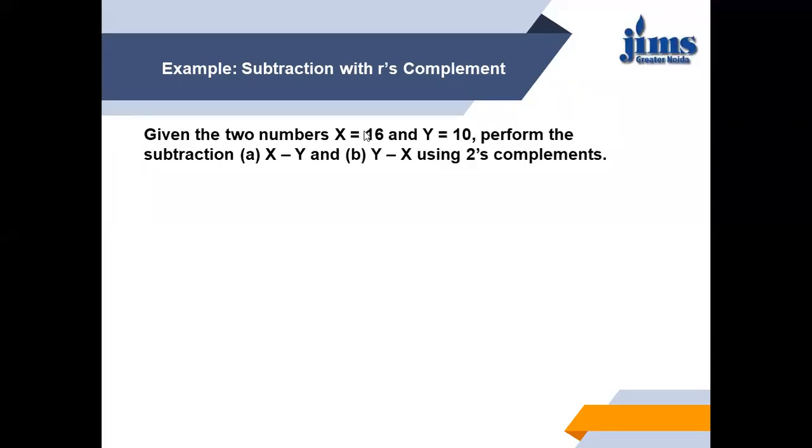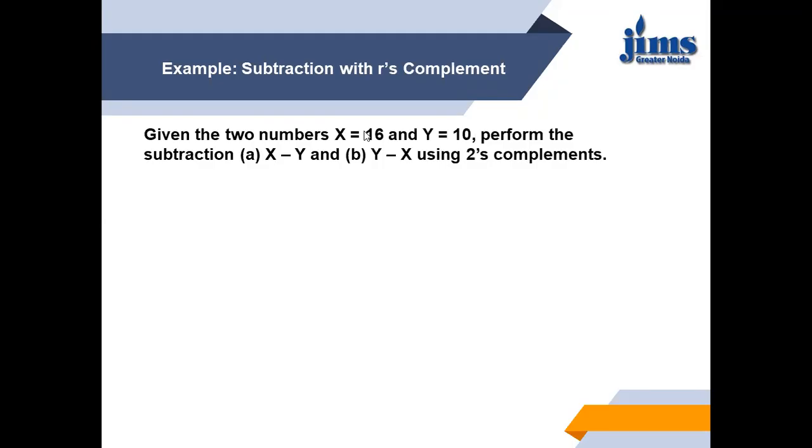The same process will be done for y. Y equals 10, divide 10 by 2, it is 5, and the first coefficient, that is the remainder, is 0. Then again divide 5 by 2, that is 2, remainder is 1. Again 2 divided by 2 is 1, remainder is 0.